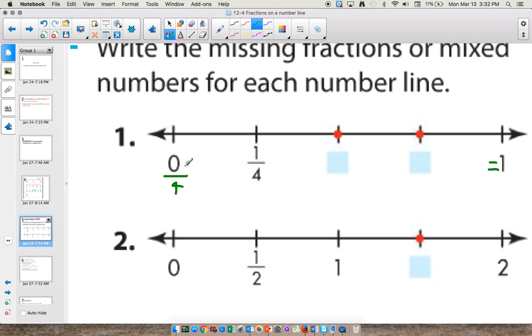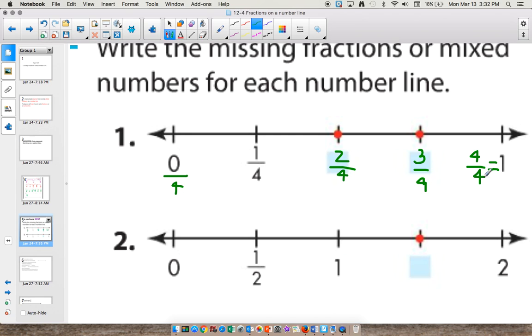So, right now we have 0 fourths, 1/4. I hope you know what this one is. 2 fourths. I hope you know what this one is. 3 fourths. And the next one is equivalent to 1 whole, which is, I hope you know what I'm going to write, 4 fourths.